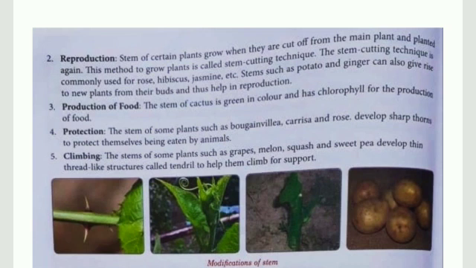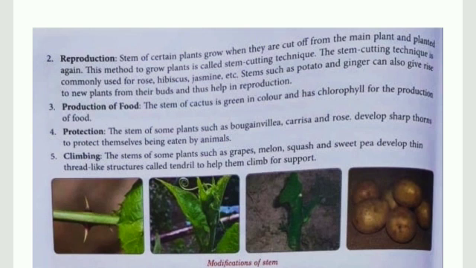The third point is modification for production of food. If the stem is green, obviously it will do photosynthesis. It will photosynthesize and make its own food. In the case of cactus, the stem is converted to look like a leaf, and it is also green in color.